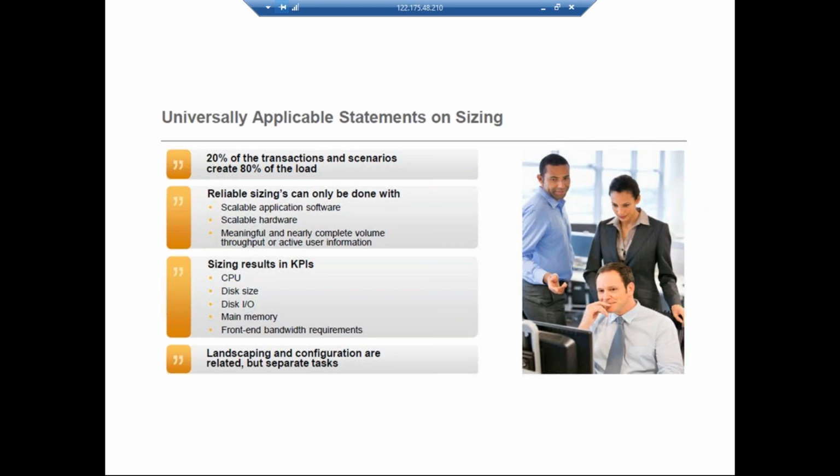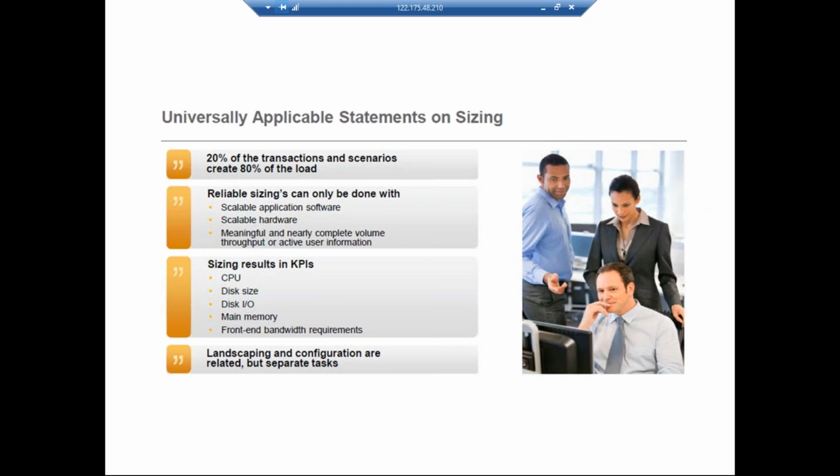Okay, so then the landscape and configurations are related but separate tasks. The meaning of that is, when you're speaking about the landscape, it's not just about one single HANA database and HANA appliance being sufficient for you. When you're doing a new implementation, it's obvious that you have development systems, test systems, production systems.